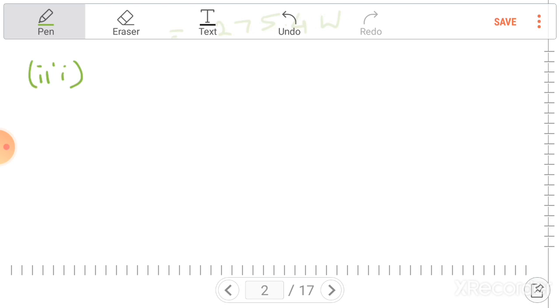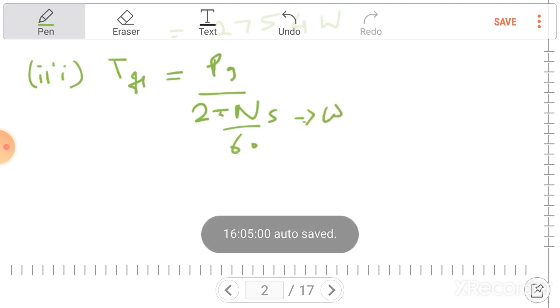So torque at full load is equal to air gap power Pg divided by 2 pi Ns by 60, and 2 pi Ns by 60 is equal to omega s.